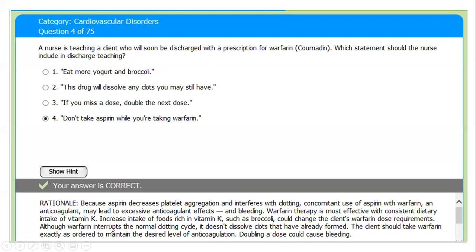And although warfarin interrupts the normal clotting cycle, it does not dissolve clots that have already formed. The client should take warfarin accurately in order to maintain the desired level of anticoagulation. Doubling a dose could cause bleeding.